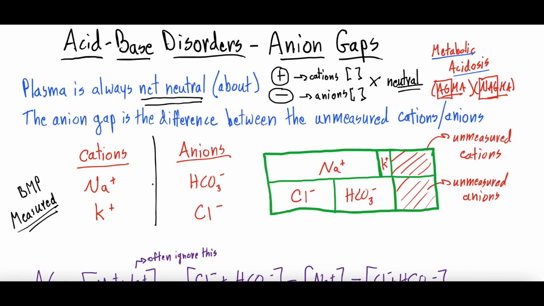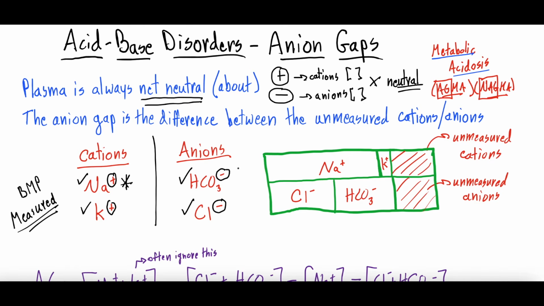But to understand that, we have to know what the normal measured cations and anions are. The measured cations and anions are primarily sodium, Na, and potassium, which are cations. They're positively charged, and sodium is far and away the biggest contributor. The two measured anions are bicarbonate, HCO3, negatively charged, and chloride, negatively charged.